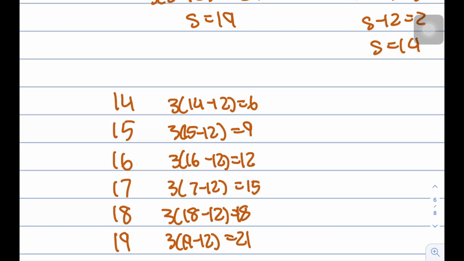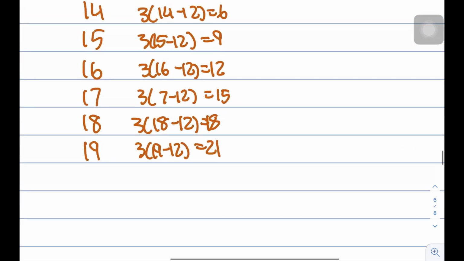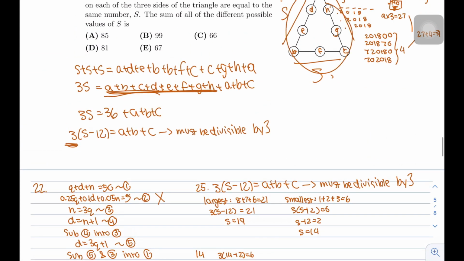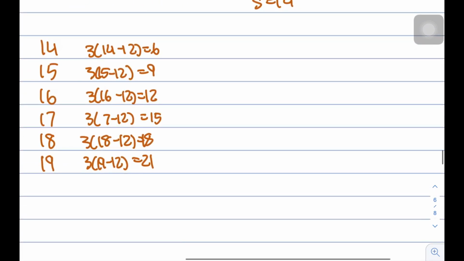And from here on out, you're going to take all of these numbers and try to see how to add them together to fit into the diagram above, like in this one. So you see that the only possibility for 14 is 1 plus 2 plus 3.